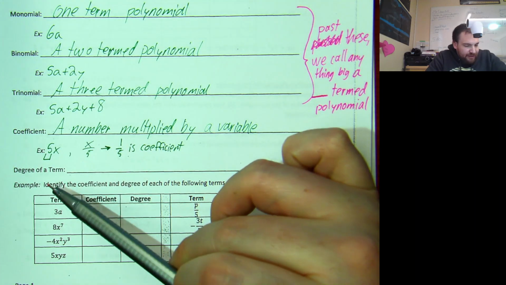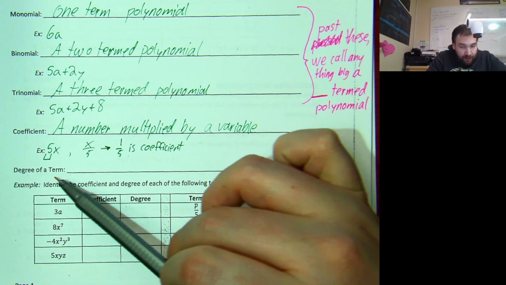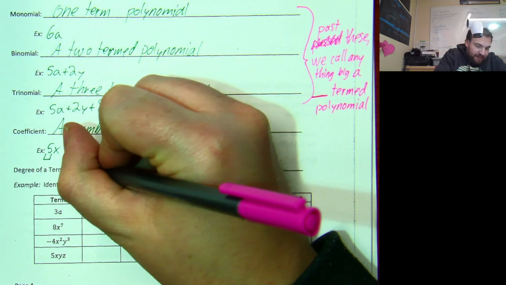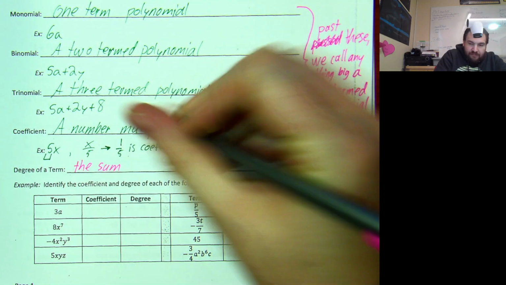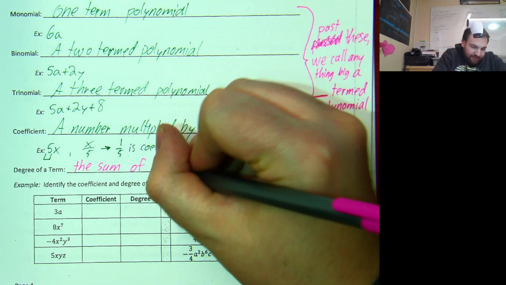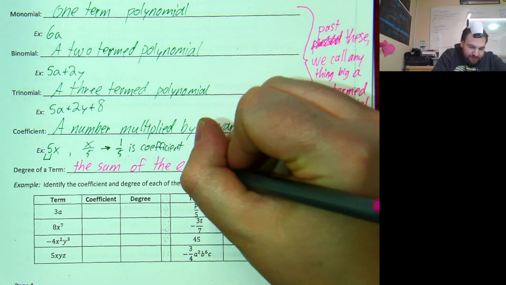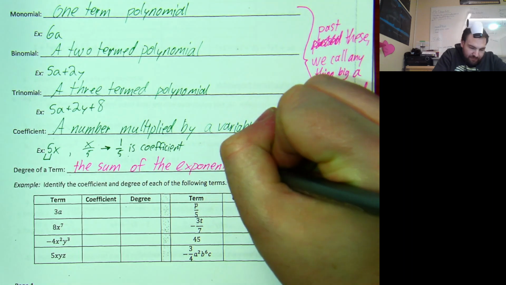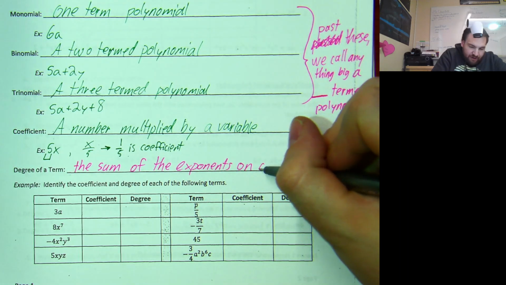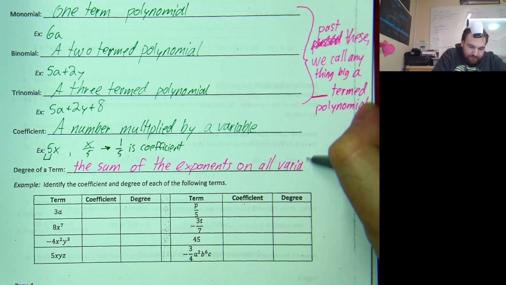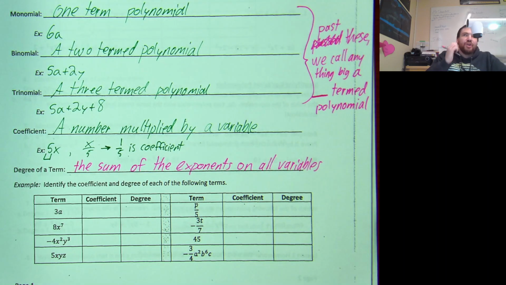The degree of a term is defined to be the sum of the exponents on all variables. So the degree of a term is the sum of the exponents on all variables in that term. This is just a way we describe terms, by talking about their degree.